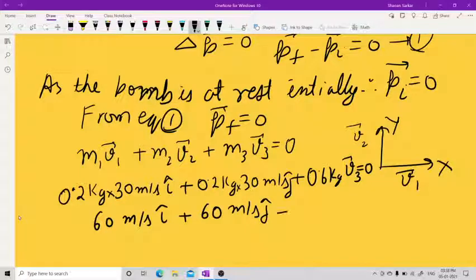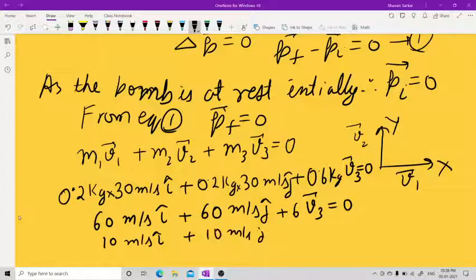Plus 6 kg v3. Kg is also cancelled. Sorry. This is v3 equal to 0. Now divide the whole equation by 6. You will get 10 meter per second i cap, 10 meter per second j cap, and v3.